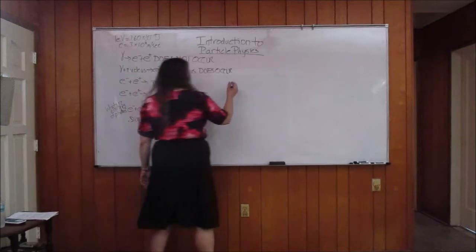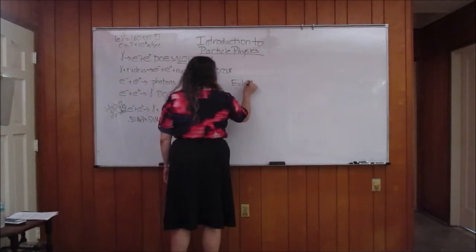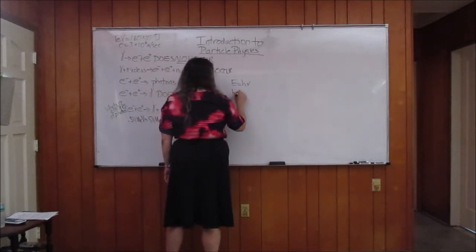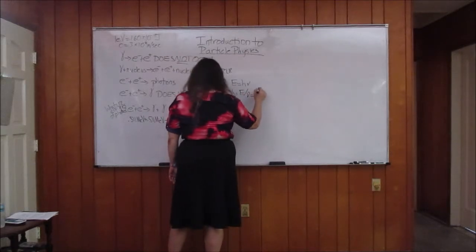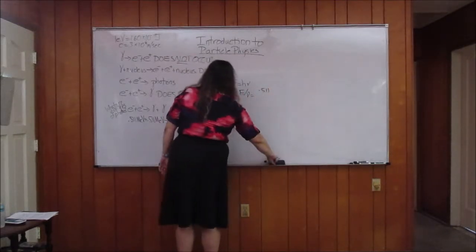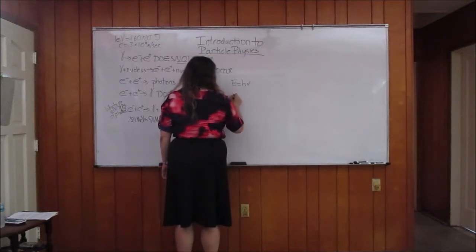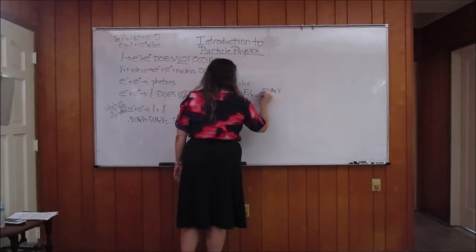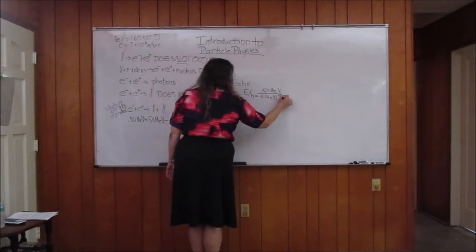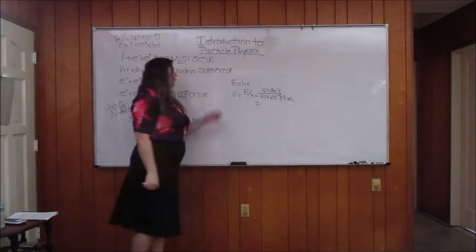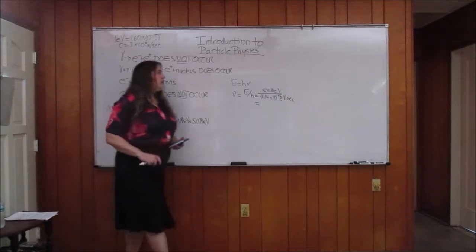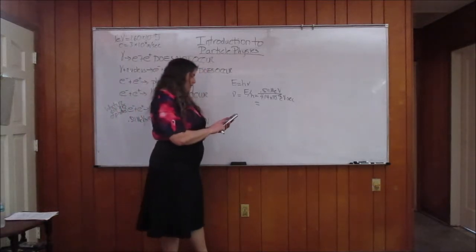Now it's possible to determine what the frequency of each of those is going to be by using Planck's formula. And therefore the frequency is going to be equal to 0.511 mega electron volts over 4.14 times 10 to the minus 14th electron volt seconds.